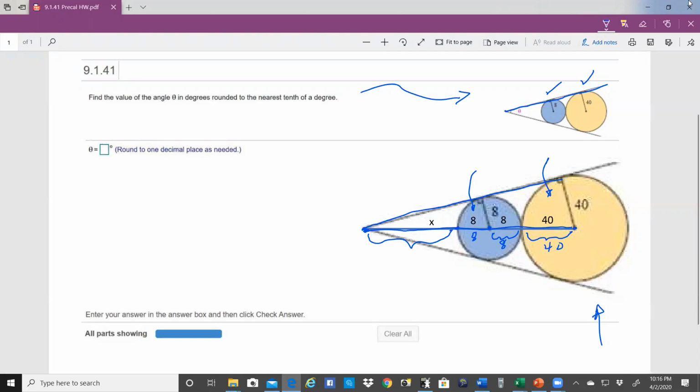So now we have a hypotenuse. This is the hypotenuse of this larger triangle.